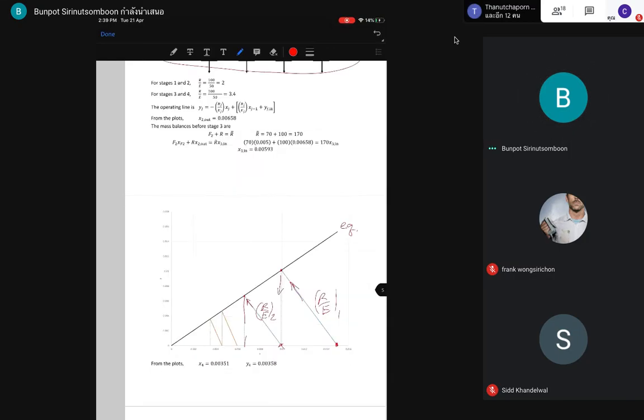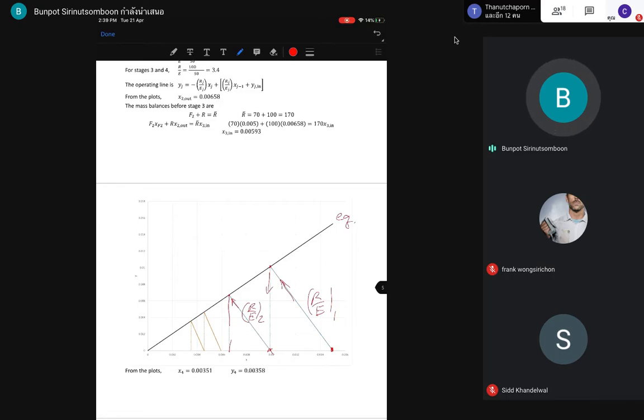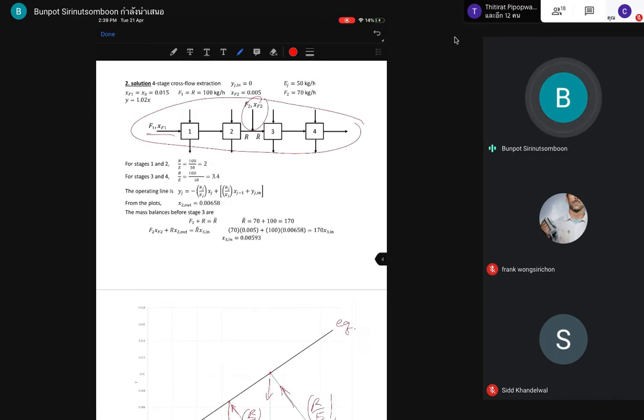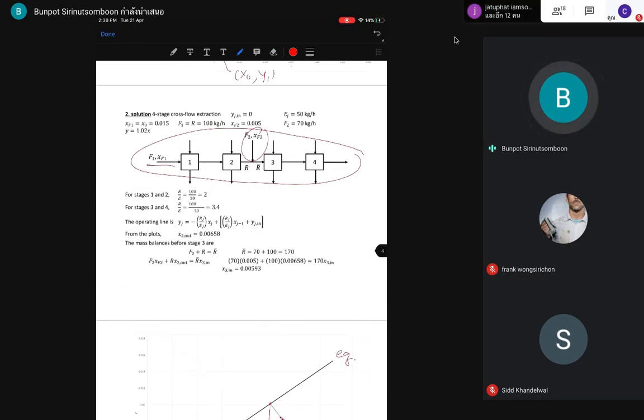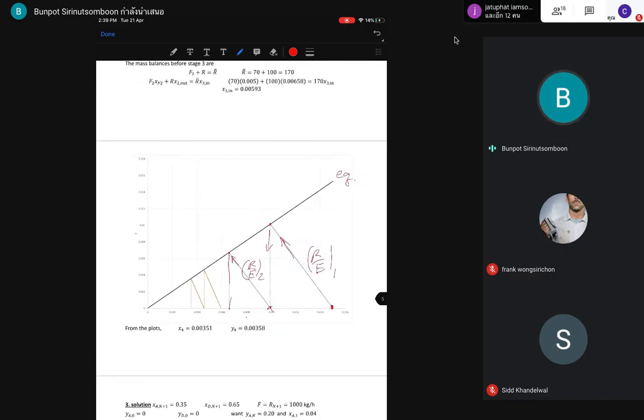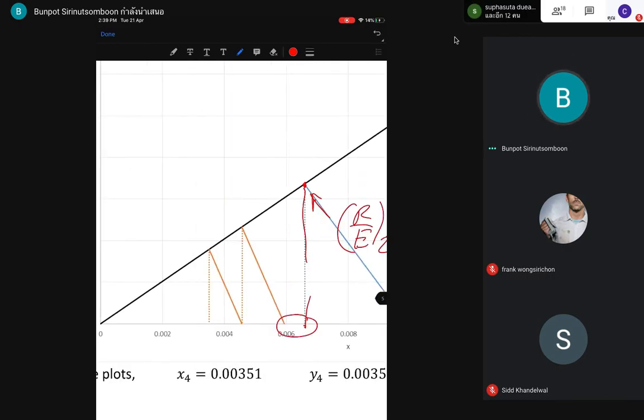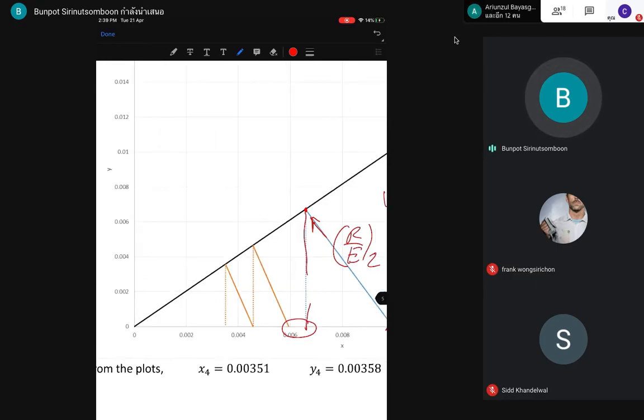But the thing is, in this problem you have this middle feed, right? You have the feed that gets into the middle here. So this is what happens. It's gonna move the next line a bit to the left, right here, because of the feed.